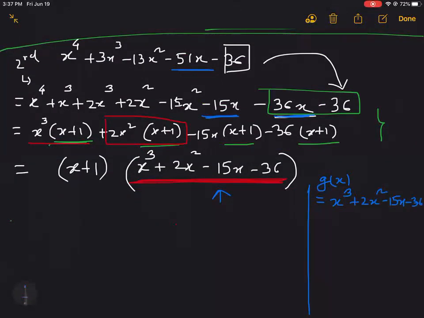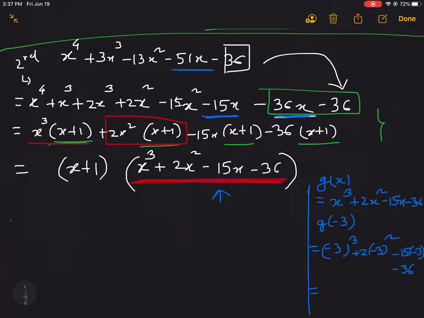And as far as I can see, negative 3 will give us a real zero. Let's try negative 3 cubed plus 2 times negative 3 squared minus 15 times negative 3 minus 36.